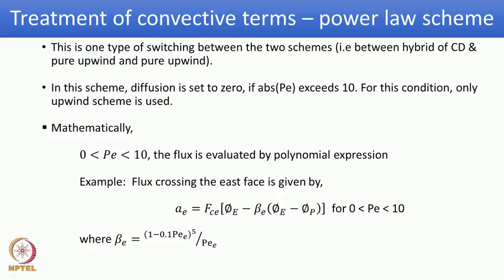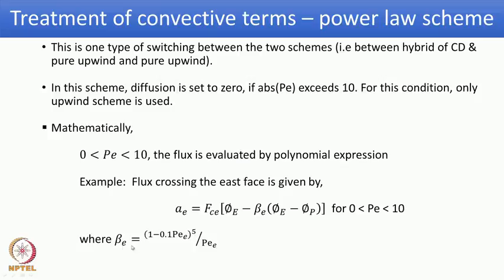For example, the flux crossing the east face is given by Ae equal to Fc_e phi at the east node minus beta_e (phi at the east node minus phi at the P node), etc. And this is for the condition Pe between 0 and 10, where beta is a coefficient which is actually the speciality of this scheme, known as the power law scheme.